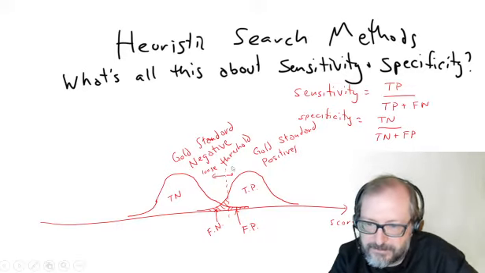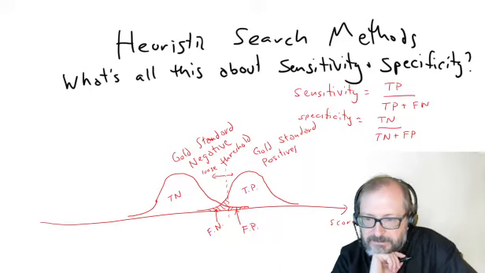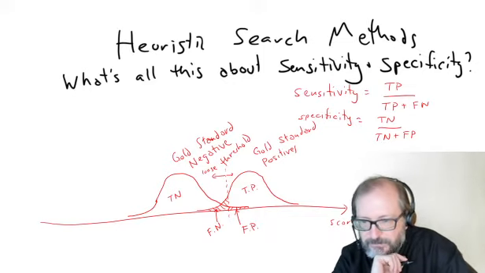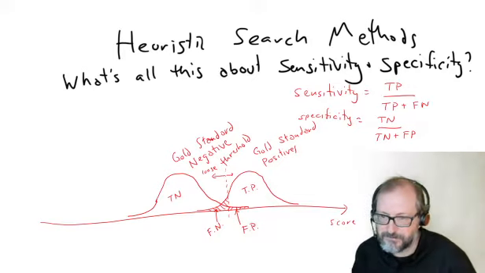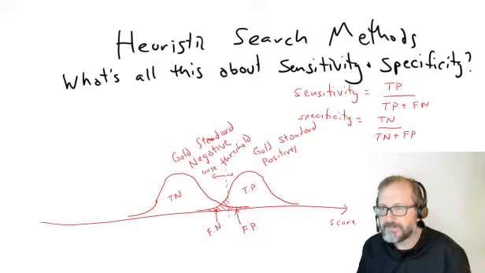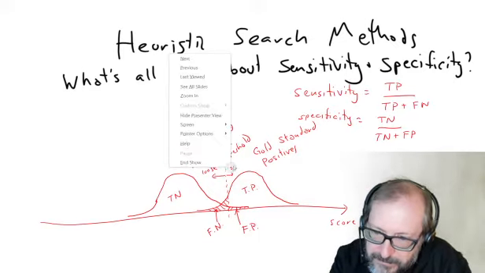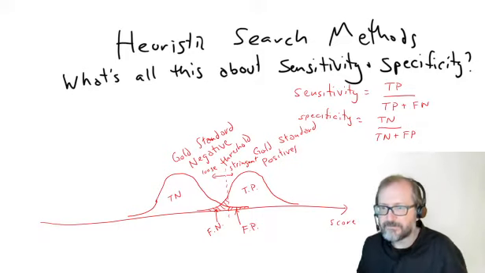You can also move it to the right, and then you'll have the opposite problem, where all your gold standard negatives will be true negatives, but then you'll also have some false negatives. So some of your sick people will be misdiagnosed as healthy, and so we call that a stringent criterion if you move the threshold to the right.